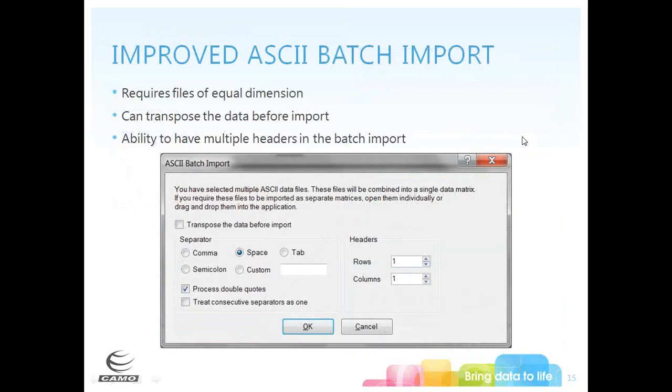And we've improved our ASCII batch import and in general our import of both Excel and ASCII file formats, where now if you have many ASCII files you'd like to bring in together, you can bring them in as a batch as long as they have equal dimensions, and you can also transpose the data before you do the import so that it is in the right format to do the analysis, where each row is a sample and each column a variable.